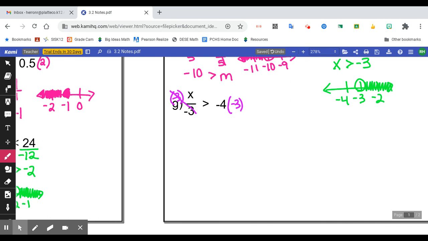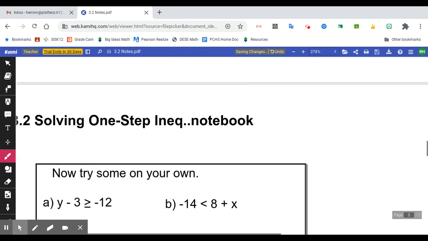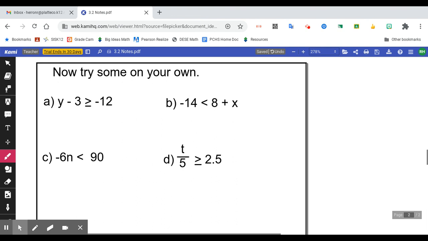If I'm multiplying by a negative, my symbol has to flip, so this is less than, and a negative times a negative gives me a positive. 11, 12, 13. Open circle again. Less than is to the left. Okay? Now, pause and try these 4 on your own.